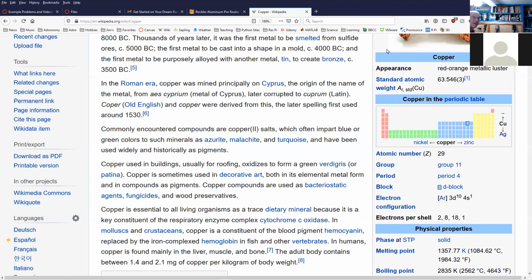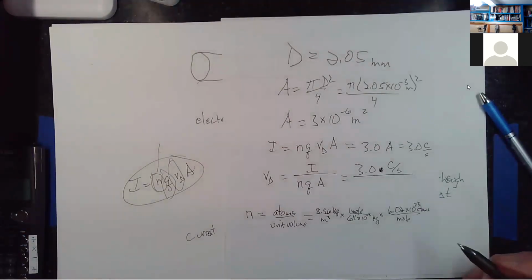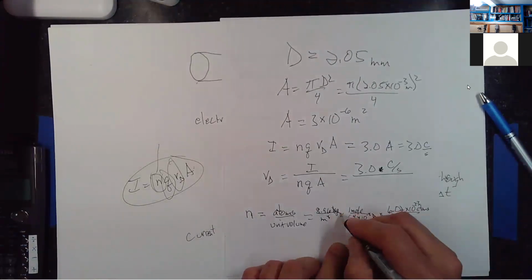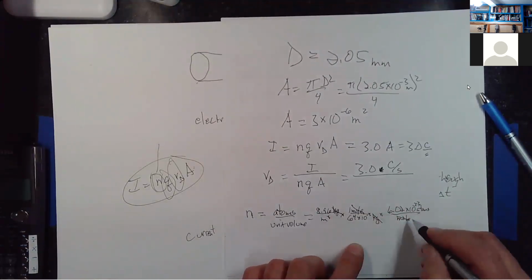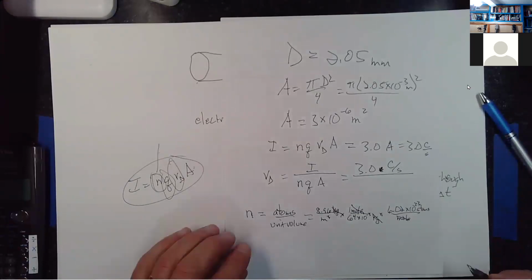We can't see the paper. Whoops. Okay, it's still away. Now we're back. What have we got here first? The kilograms will go away, the moles will go away, and I'll end up with atoms per cubic meter. I'm just going to go with that as my approximation.